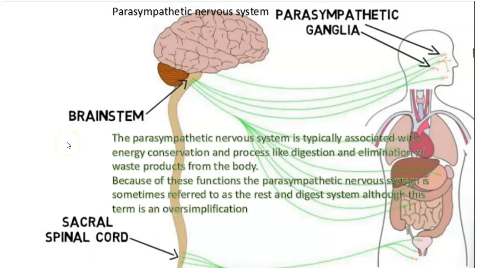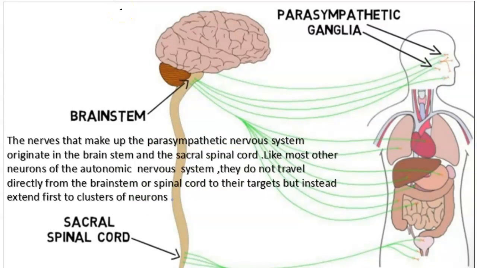The parasympathetic nervous system is typically associated with energy conservation and processes like digestion and elimination of waste products from the body. Because of this function, the parasympathetic nervous system is sometimes referred to as the rest and digest system, although this term is an oversimplification.